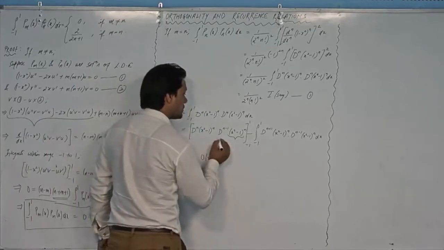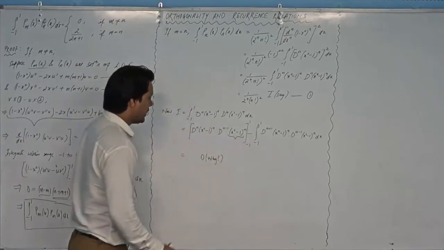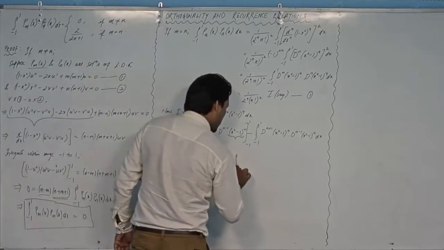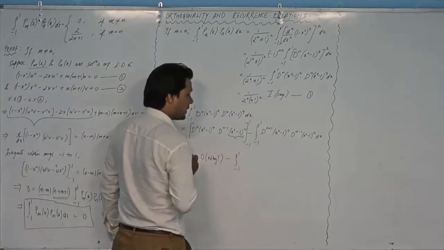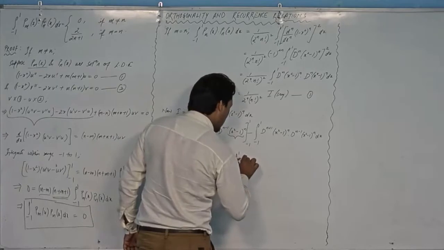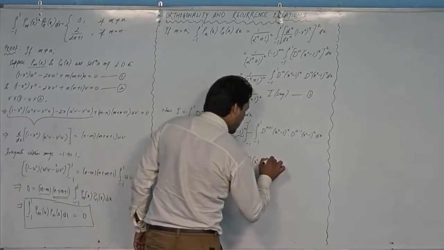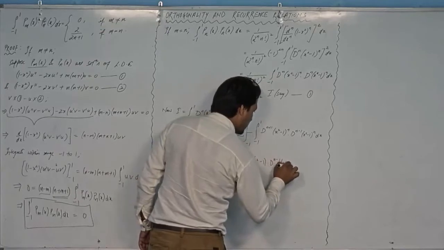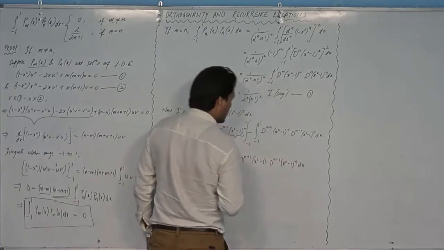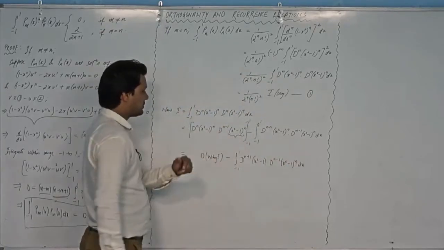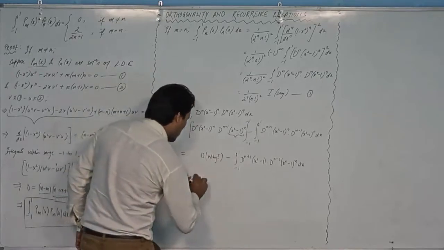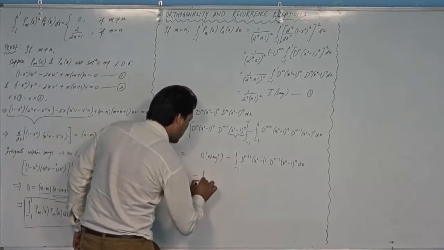The reason is this, right, and minus 1 to 1, and yeah, d^(n+1) (x^2 - 1)^n, d^(n-1) (x^2 - 1)^n and dx. So this is the result, and the 0 can be removed like this, right.